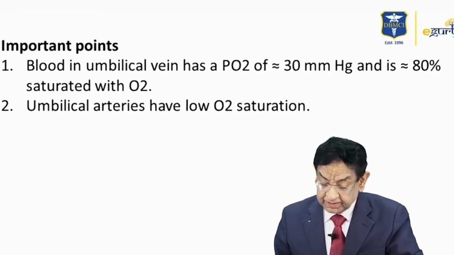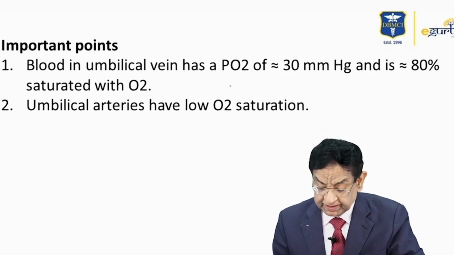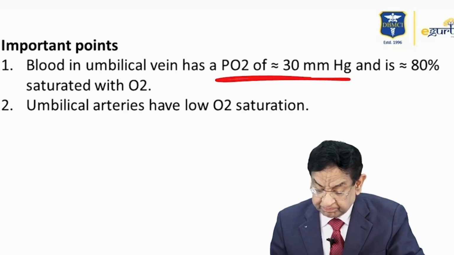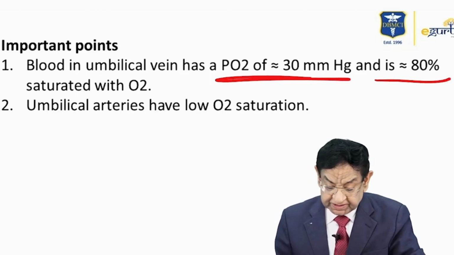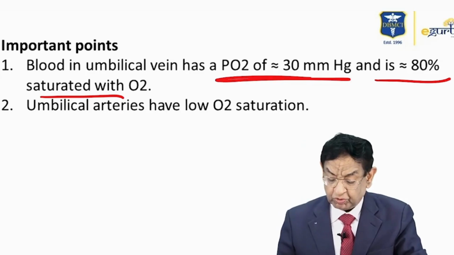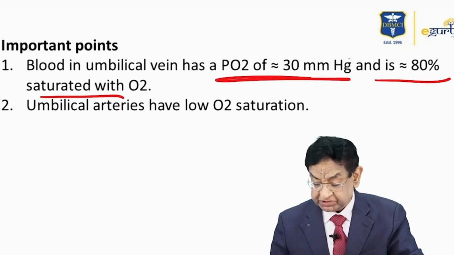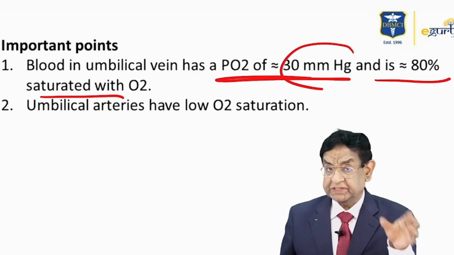Now, we discussed the umbilical vein. It has a PO2 of about 30 millimeters of mercury and 80% saturation. Point to be noted: the PO2 of the umbilical vein is 30 millimeters of mercury and it has 80% saturation.